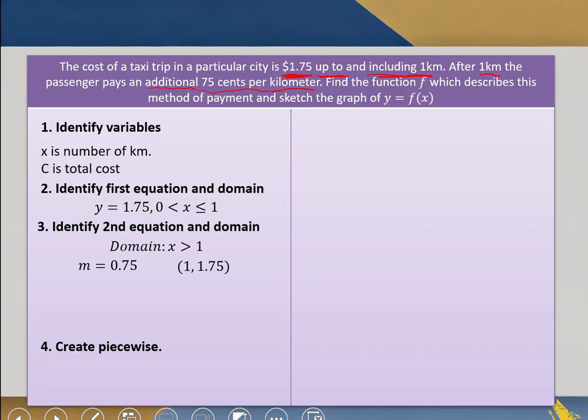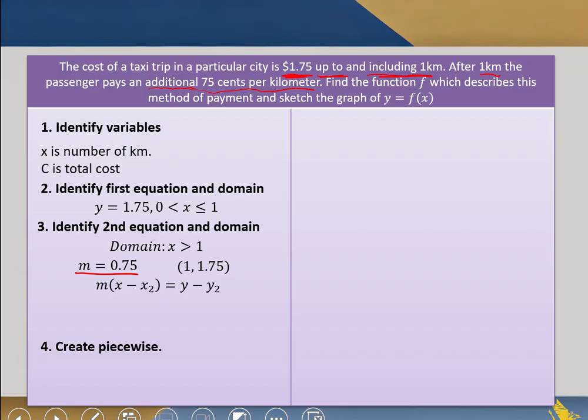Now, the main thing we need to be thinking about with this is we need to know our starting point. The starting point is when we're at 1k, it's going to cost us 1.75. So we need to work backwards to find out the c value. So I'm going to use my point-gradient form, that is m in brackets x minus x1 equals y minus y1.